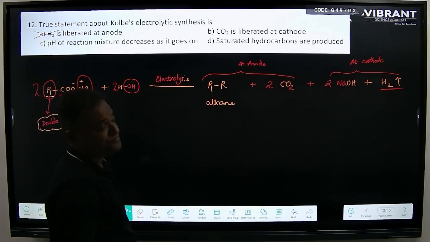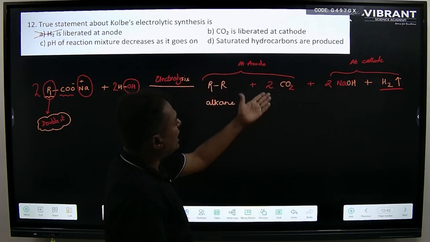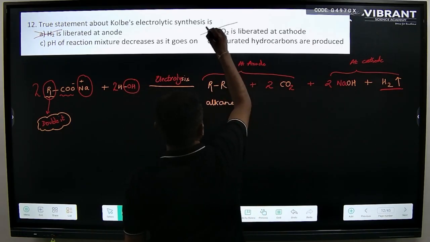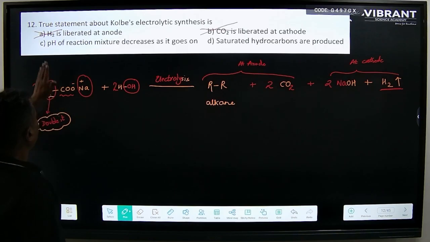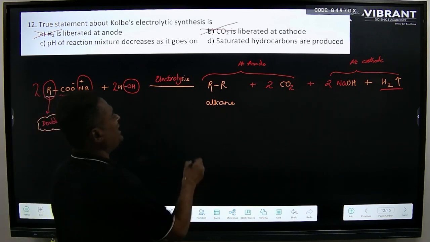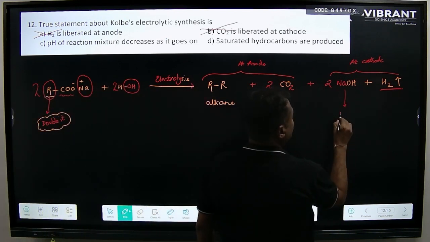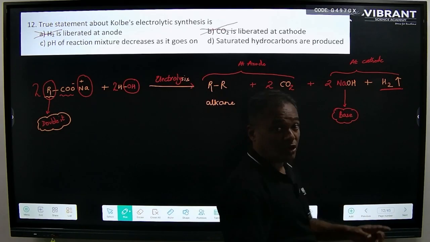Now, come to B. Carbon dioxide is liberated at the cathode, which is also wrong. Carbon dioxide is actually liberated at the anode. If you remember, we had discussed this. So, this answer is also incorrect. Now, the pH of the reaction mixture decreases as it goes on, which is also incorrect, because once the reaction takes place on and on, more and more base will be generated, and as more base is generated, your pH has to increase, not decrease.